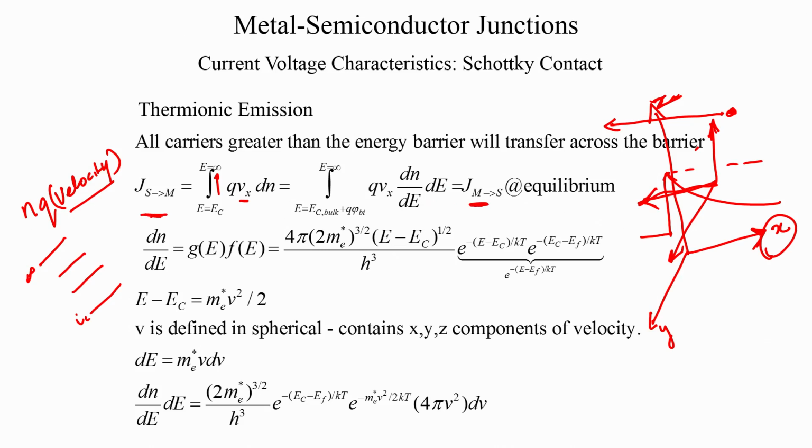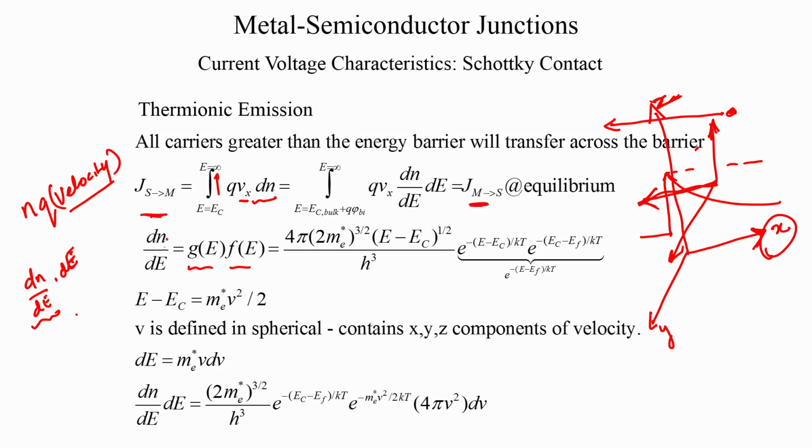Now, what we will do is take this dN and rewrite it as dN by dE into dE, because we know what dN by dE is. dN by dE is the number of electrons per unit volume per unit energy, and that is nothing but the density of states into the Fermi function.